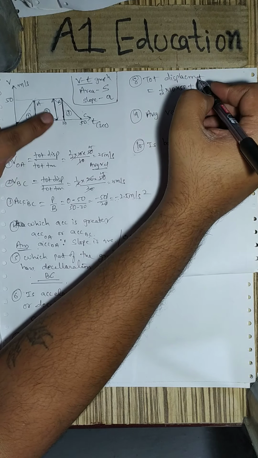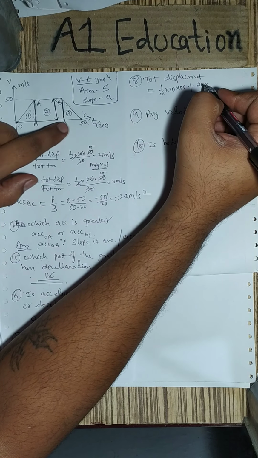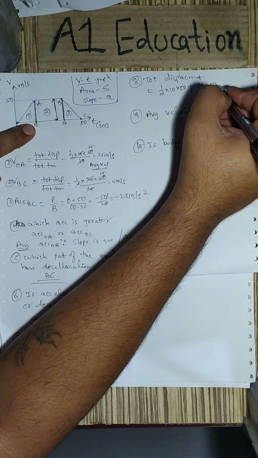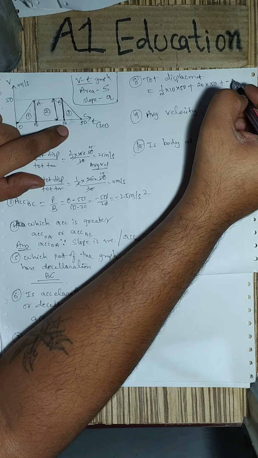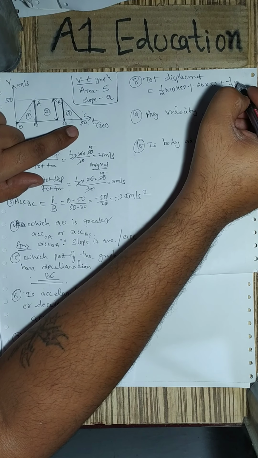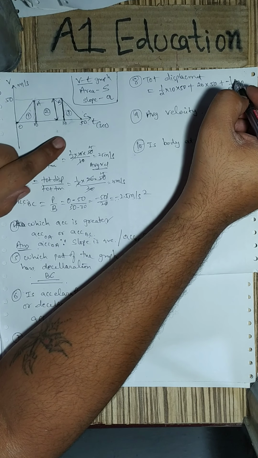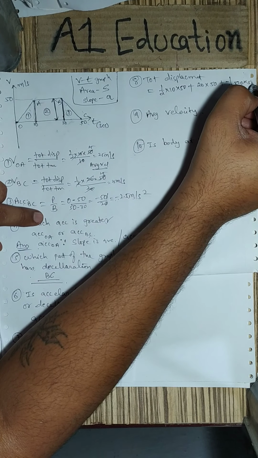Rectangle, its area will be length 30 minus 10, 20, into height 50 minus 0, 50, plus again this triangle, which has a negative slope, so I put a negative sign: half, base will be 20, and height will be 50.